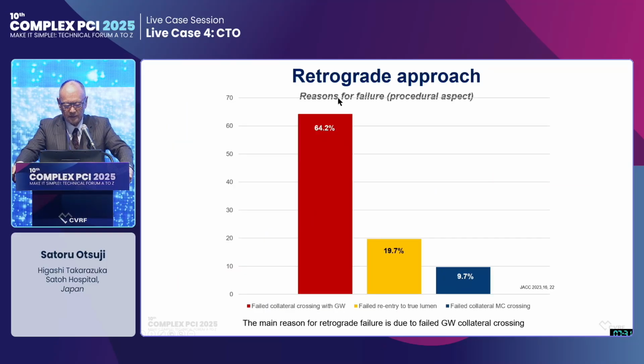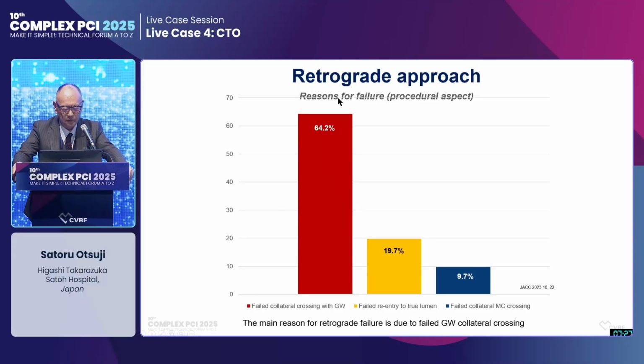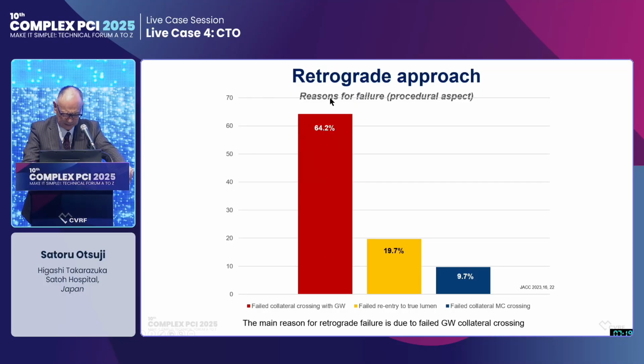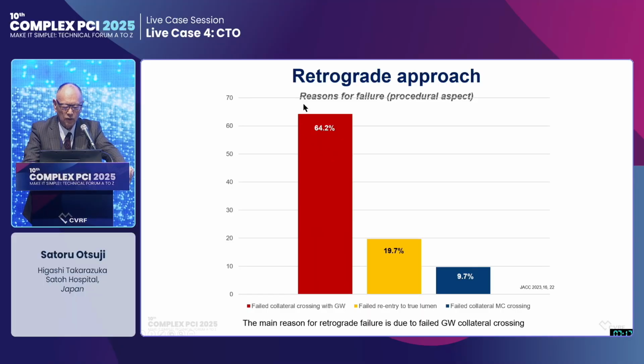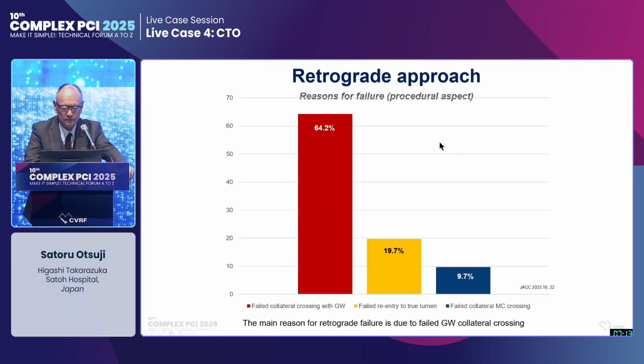What is the most important factor is that we know the reason for retrograde failure is the failed guide wire channel crossing. And this has not changed for a long time. This is the data from the JAK intervention.